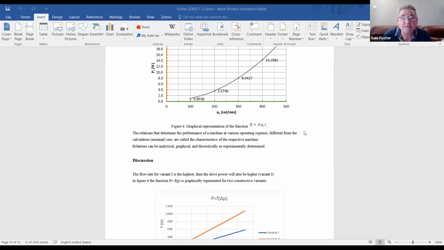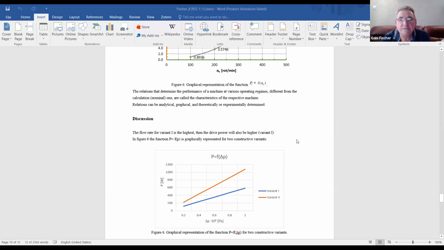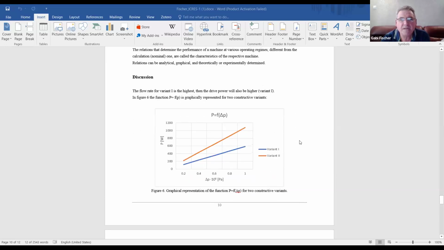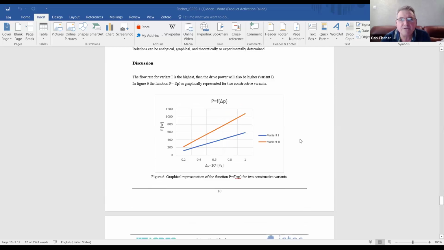The relations can be analytical, graphical, and theoretical or experimentally determined. So here in this graphic presentation, we have shown the flow rate for the first variant, then the drive power, which can also be higher.